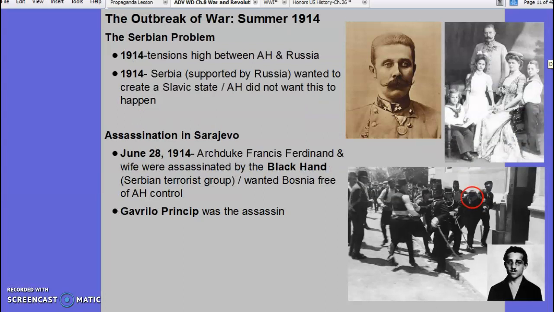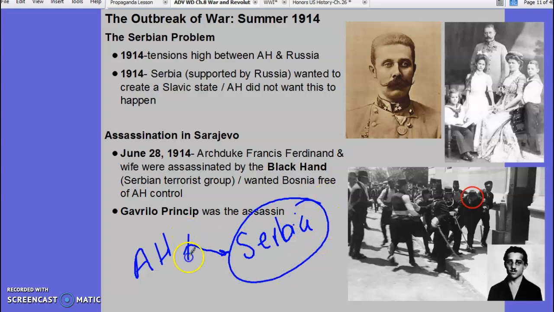So let me explain the relationship here. We saw that Austria-Hungary controlled Serbia. Serbia wanted to be independent. They wanted to break this tie. Austria-Hungary said no. Russia backed Serbia.